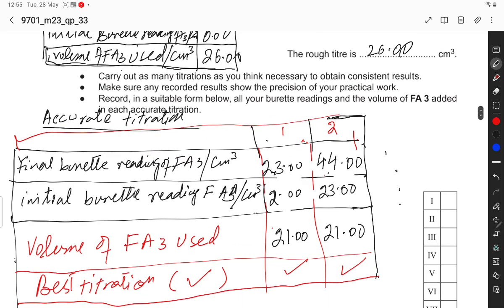So we started from initial reading 2.00 and final reading 23.0 and we get 21.00, and for the next we start from 23 and the final reading is 44 and volume of Fa3 used is 21.00. So no need to carry out a third experiment because you have two consistent readings. So this is the best titration.